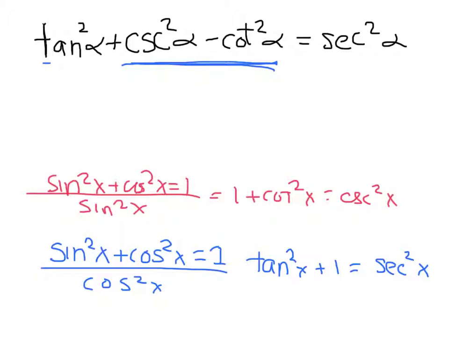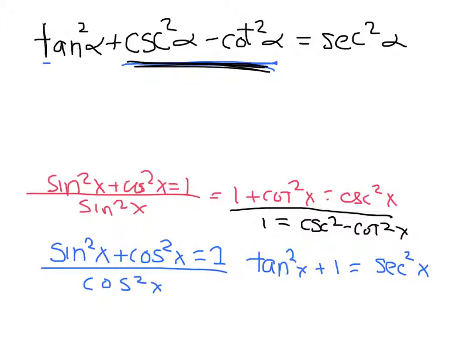And then when I compare this one to this one, I can think to myself, well, if I just moved the cotangent over, then this identity would become 1 equals cosecant squared minus cotangent squared. And that's what I want. So this piece right here, by the Pythagorean identity, is 1.